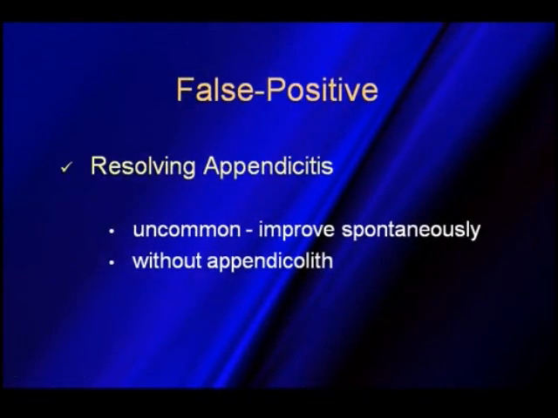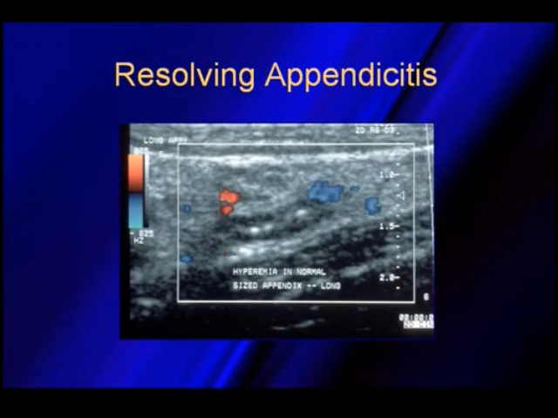So looking at resolving appendicitis, it's fairly uncommon, but it can resolve spontaneously, and the key to that is typically these patients will not have an appendicolith when they do have the resolving appendicitis. So this was one of the daughters of one of our radiologists who happened to be home on spring break from college, and she came in with right lower quadrant pain.